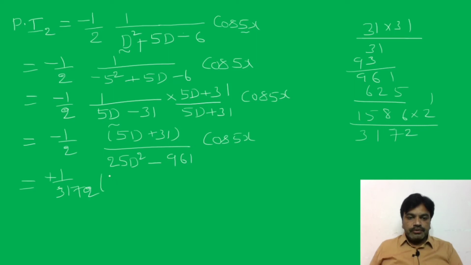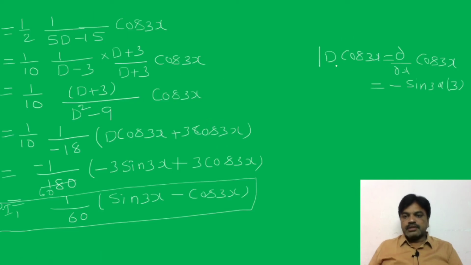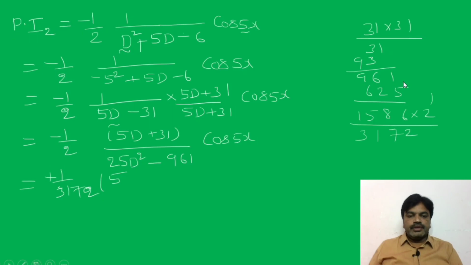So we get 3172 into 5d. D means, as previously learned, the derivative with respect to x. The derivative of cos 5x is minus sin 5x into 5.